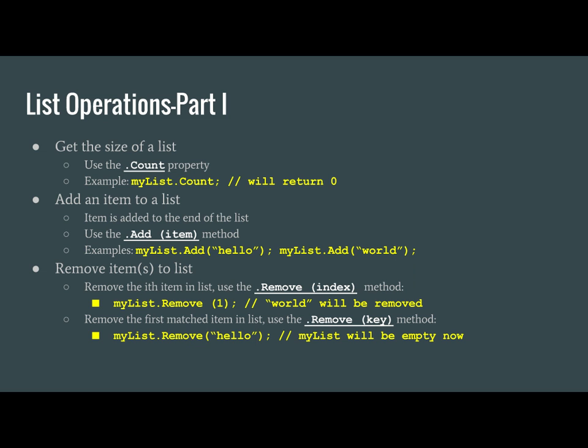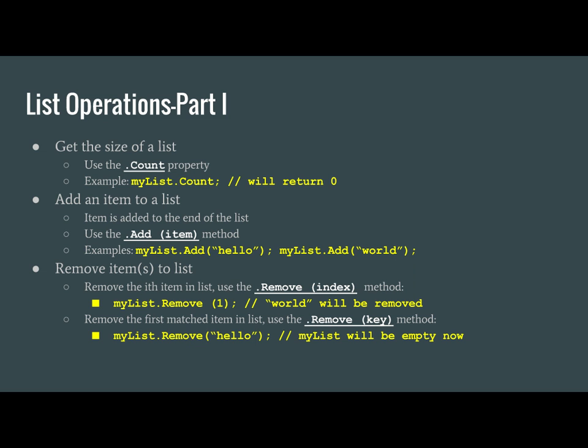So for instance, for the first one, I remove an item by index. And remember, a list is a 0-based data structure; the index is 0-based, meaning it starts from 0 and goes 1, 2, 3, 4. So in this case, when I say myList.RemoveAt 1, instead of removing hello, I remove world. So there's only 1 item in the list, which is hello.